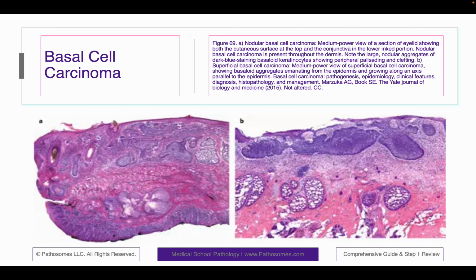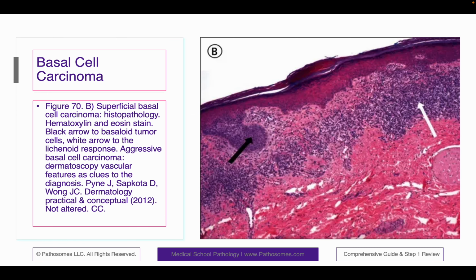And here we have a picture showcasing the microscopy of nodular basal cell carcinoma. And superficial basal cell carcinoma histopathology. Note the basaloid tumor cells and the white arrow pointing to the lichenoid response.